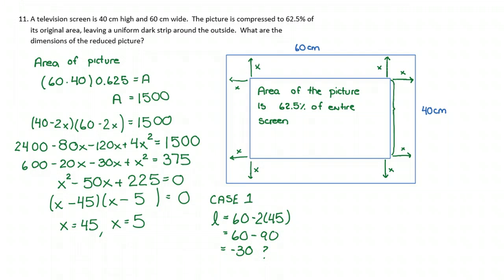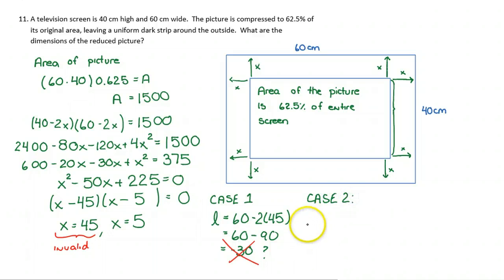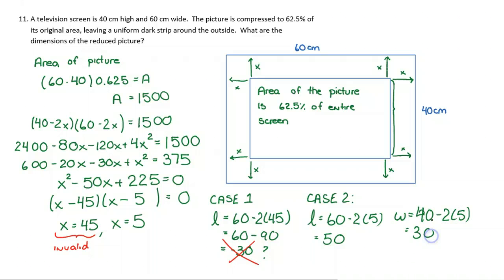So this is one of those situations that we watch for where we get a negative length and we just ignore it. So x equals 45 is invalid.